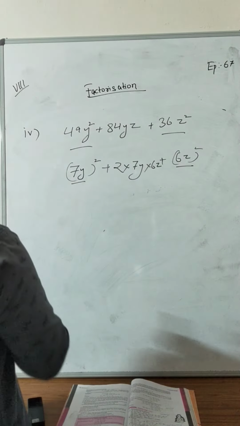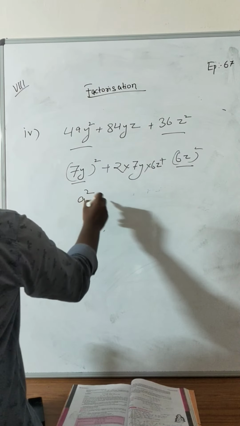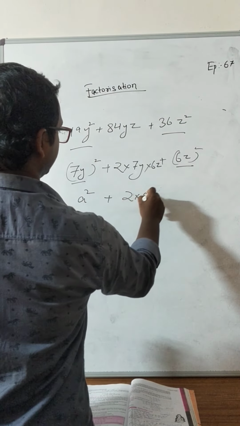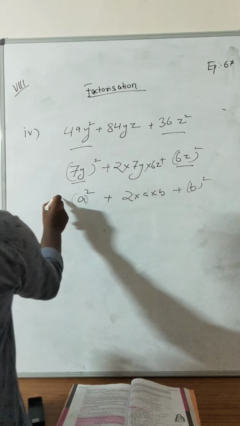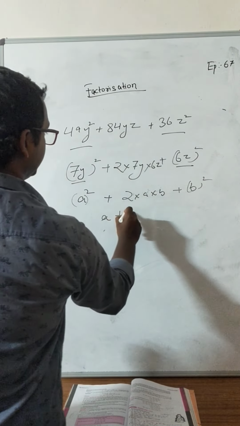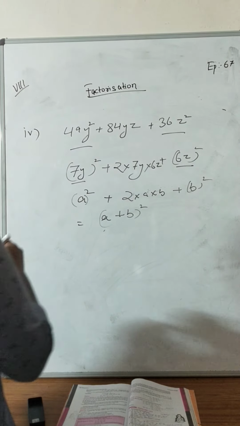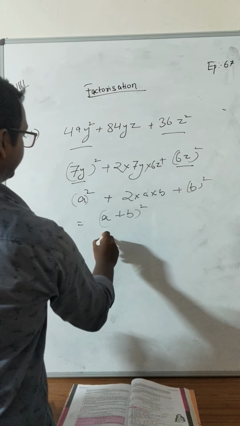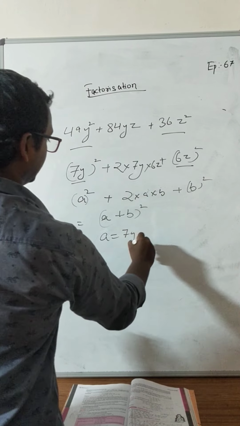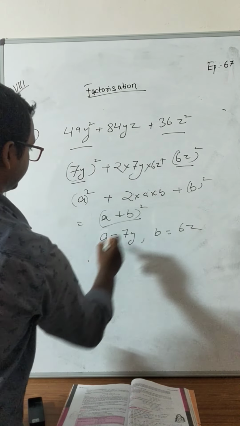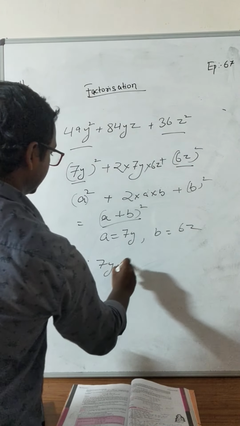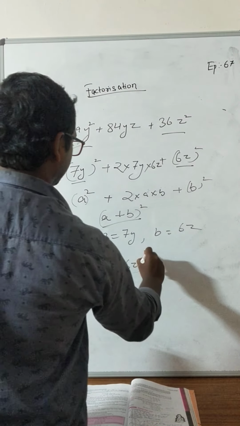So this is of the format a square plus 2 into a into b plus b square, which we can write as a plus b whole square. We identify a as 7y and b as 6z. Then put it into the formula: 7y plus 6z whole square.